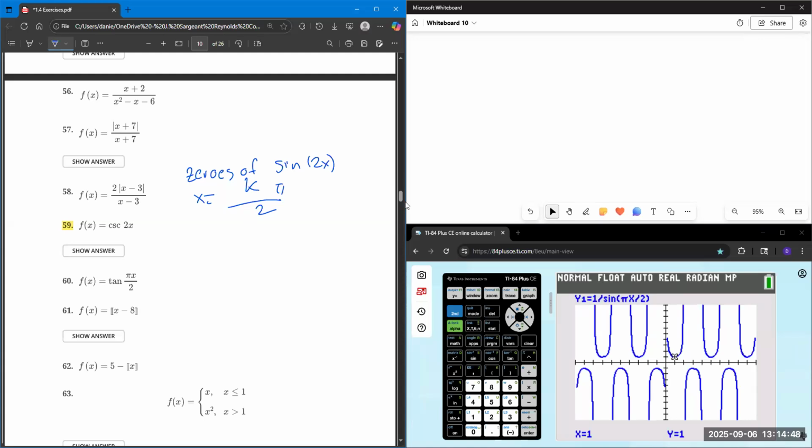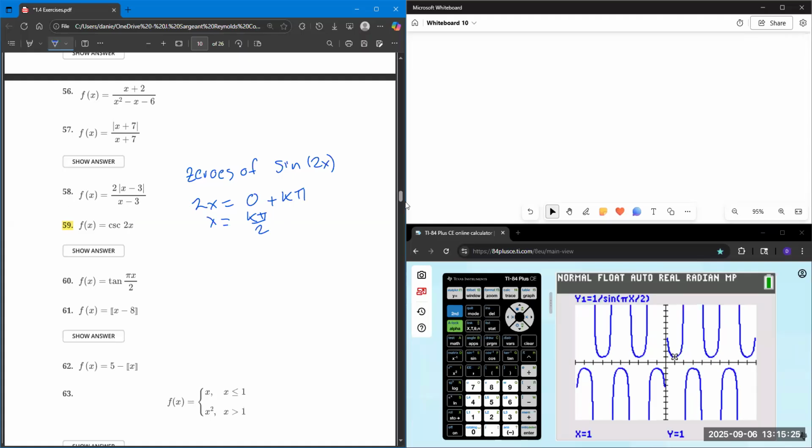So 0, 1, 2, yes. So let's solve it this way. Maybe you haven't seen it done this way in pre-calculus. So 2x is equal to 0 plus, and then every k pi, there's another 0. So I'm going to solve: x is equal to k pi over 2. So these are going to be vertical asymptotes.